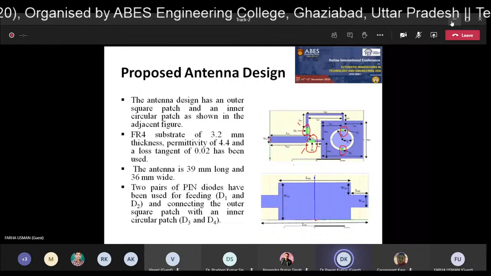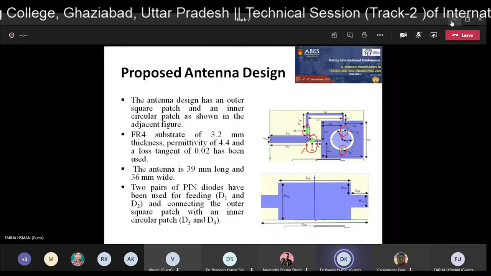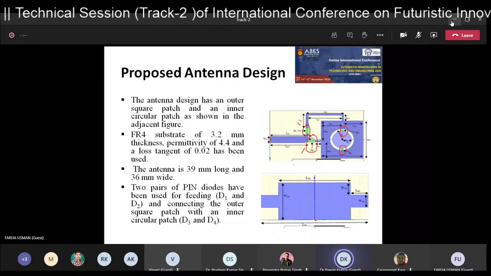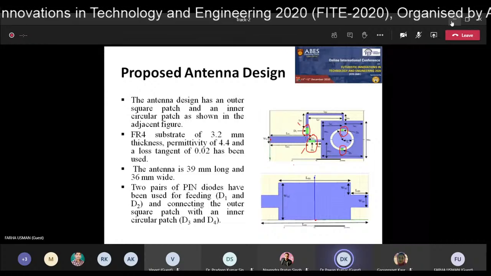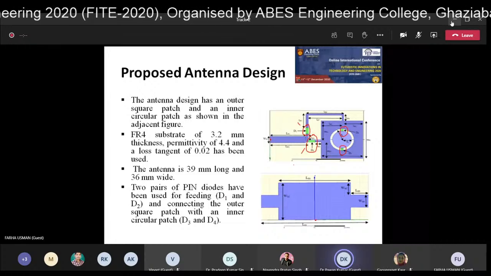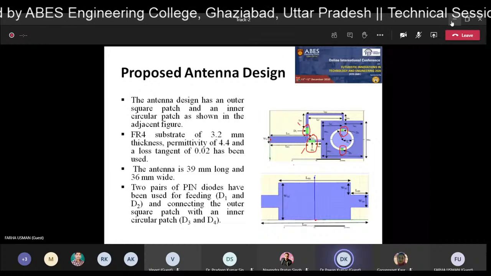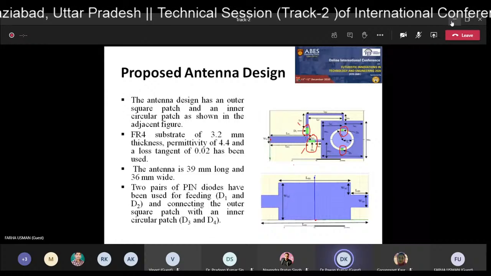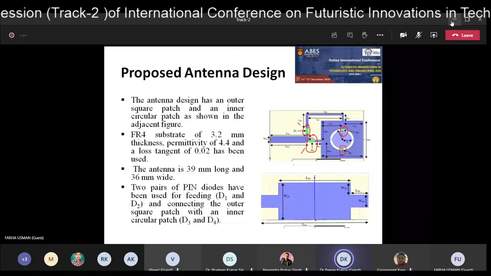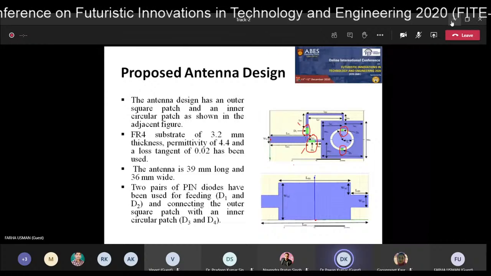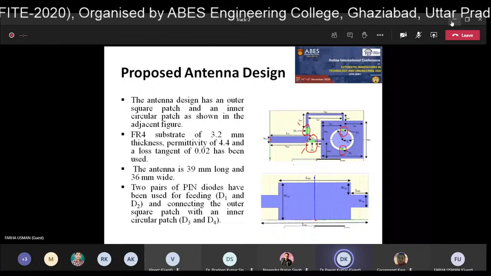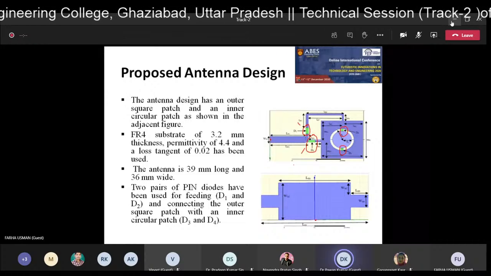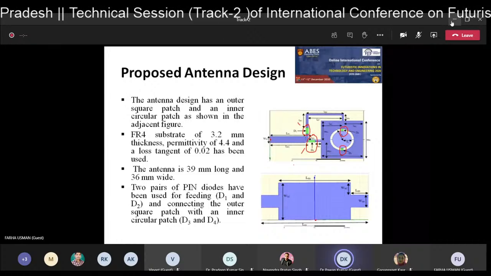If their approach is different, then how can you compare your result with that? When the same is implemented in your case, it may produce a better result. Actually, that particular design has been taken to produce circular polarization. Polarization is basically of three kinds in case of antenna: linear, elliptical, or circular.